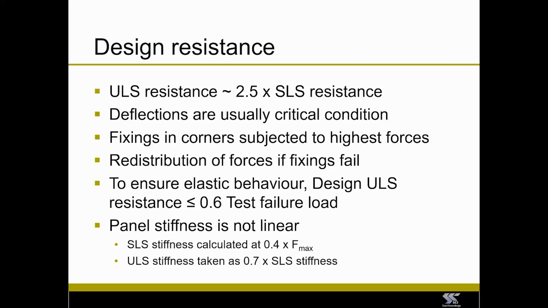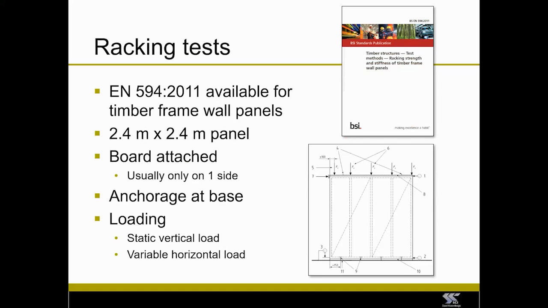And the stiffness is calculated at a value between 20% and 40% of the maximum force obtained during the test. And then the ultimate limit state stiffness, which is required for that second order calculation and P-delta and alpha crit calculation, is taken as 0.7 of the serviceability limit state stiffness. So obviously this is gone into in a lot more detail in the publication, just trying to provide you with a few highlights and bullet points here.